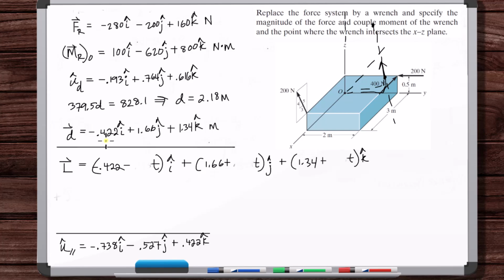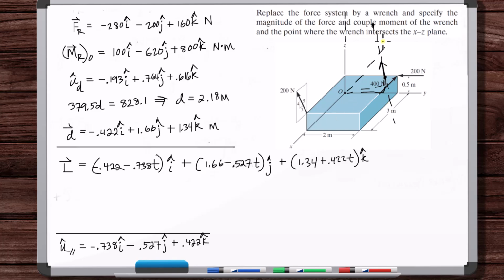So minus 0.422, there's the point, plus t times the I component of the direction. So minus 0.738t. Okay, 1.66 plus, but this is going to be minus 0.527t. And then 1.34 plus 0.422t. Right? We've got a point on the line and the direction of the line. The direction of the line is the direction of the wrench.